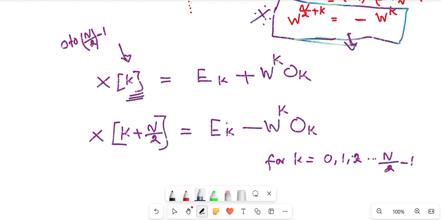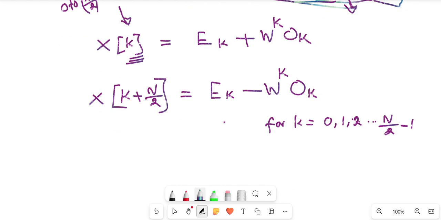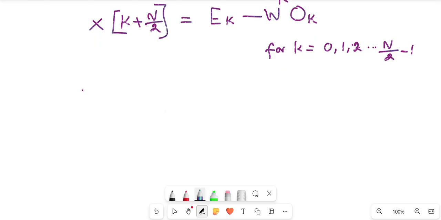So mathematically, how can we do the decomposition? Let us develop the decimation in time algorithm for N equal to 4.